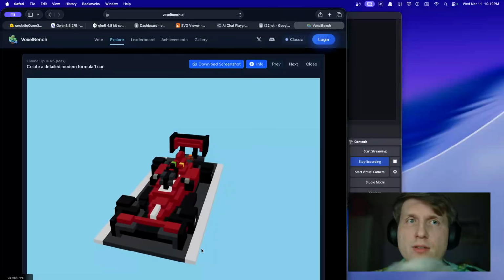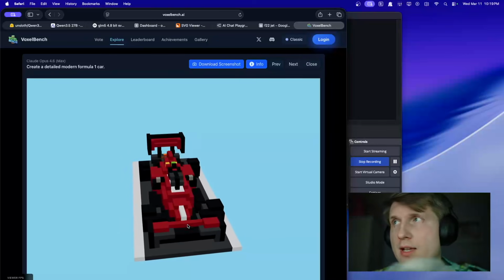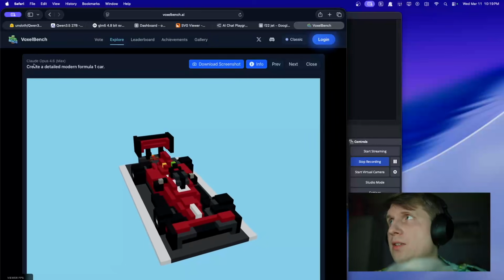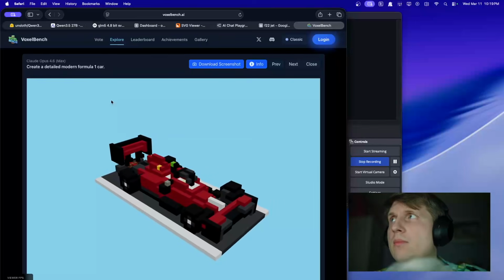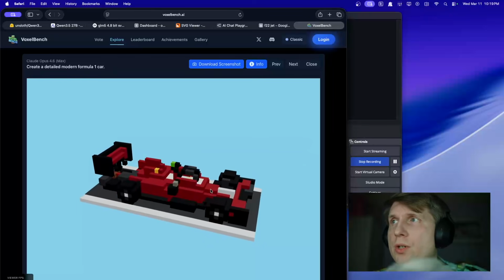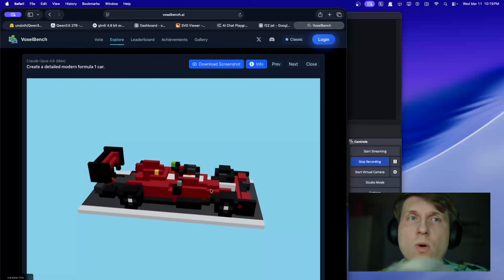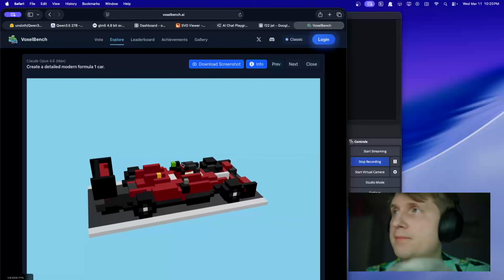So we're trying to see if it can do something like this. And this is basically Claude Opus 4.6 Max, which created a detailed modern Formula 1 car. So this is what one of the better models can output.